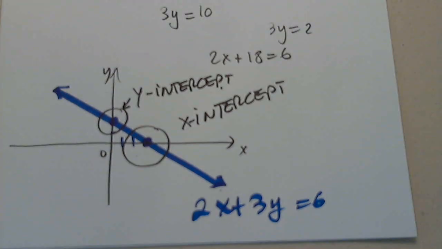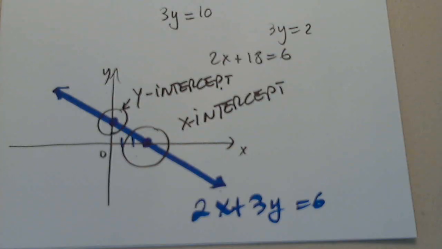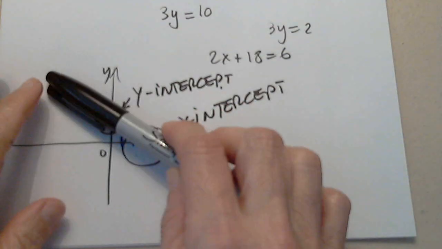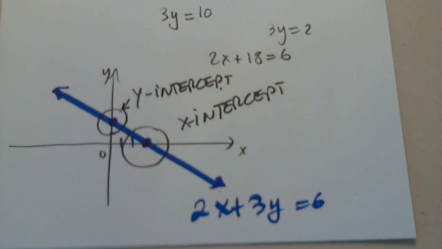The most important points. They may or may not exist for everything that we look at. We don't know. We have to look. But if they do exist, I always have to find them when I graph anything. So let's look again at the x-intercept.